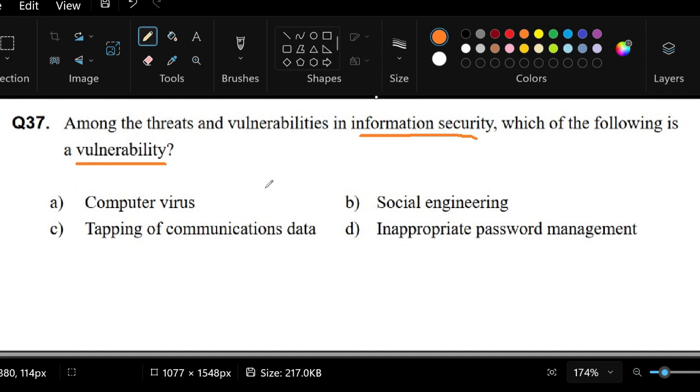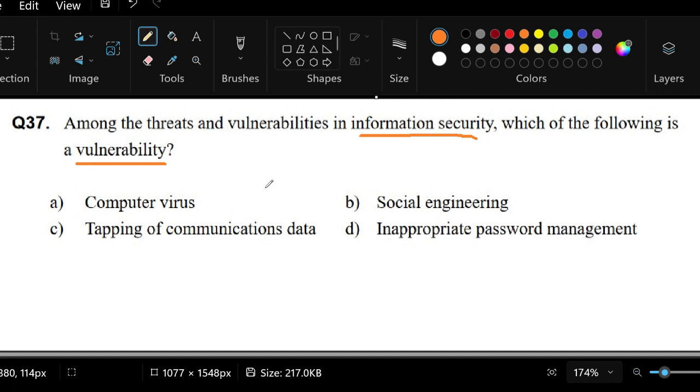So when someone is not as strong as he should be, he's weak at this point in time, then he is said to be vulnerable. And so people who are more aggressive, more assertive could take advantage and exploit that weakness that this person has at this particular point in time.